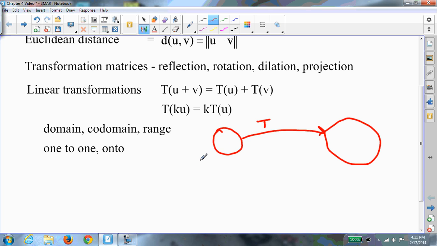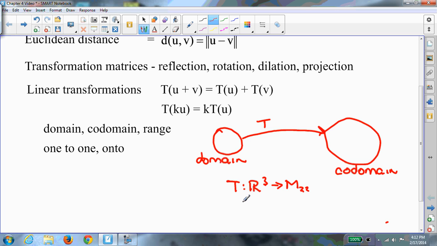This here would be the domain, and this here would be the codomain. And typically you see the way a transformation is defined is you'll see something like T defined from, let's say, R3 to M 2 by 2.